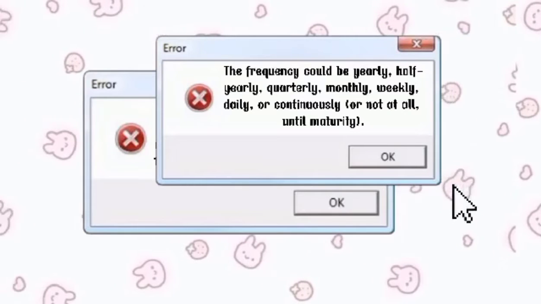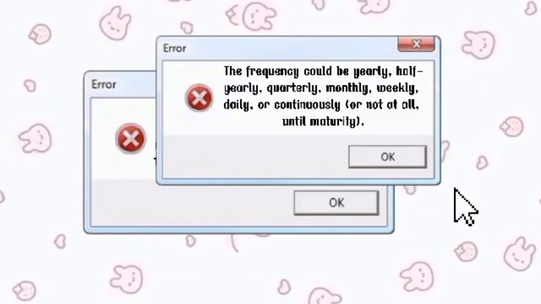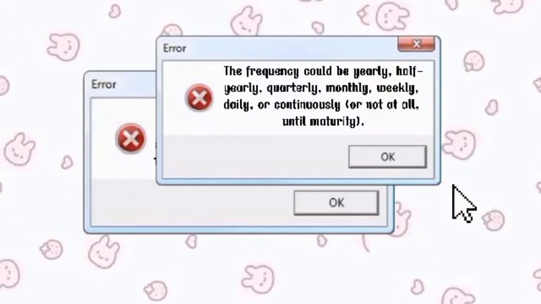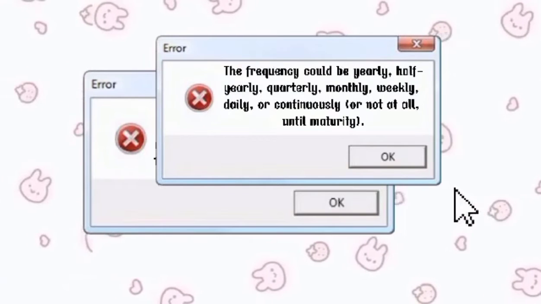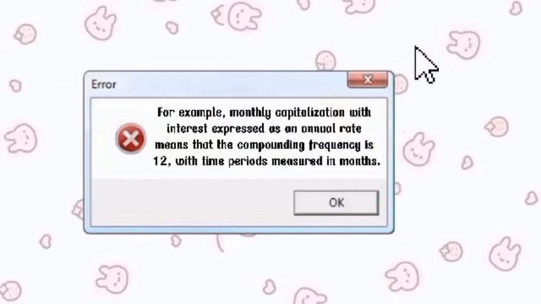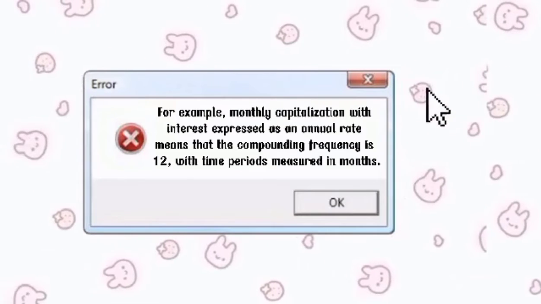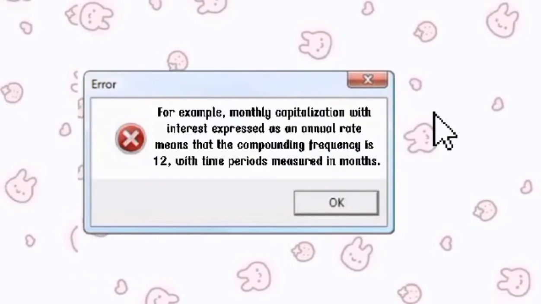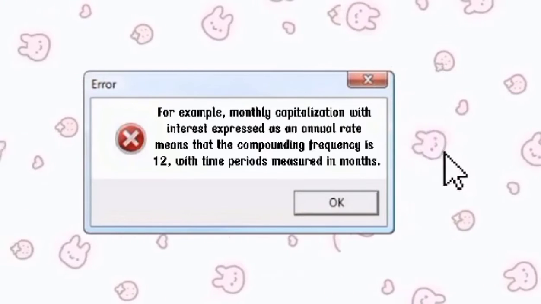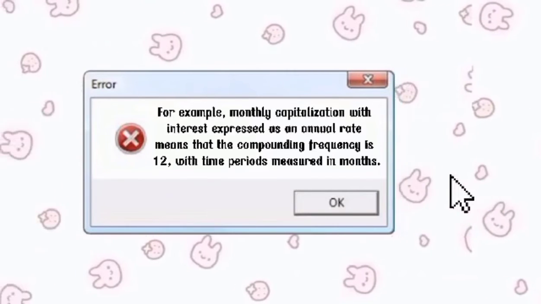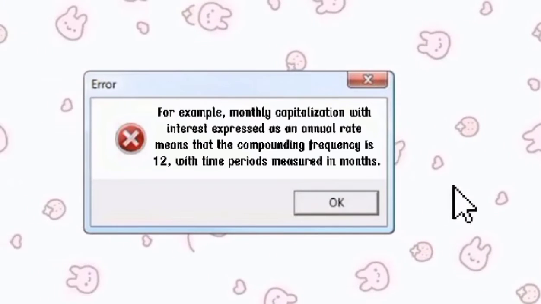The frequency could be yearly, half-yearly, quarterly, monthly, weekly, daily, or continuously, or not at all until maturity. For example, monthly capitalization with interest expressed as an annual rate means that the compounding frequency is 12, with the time periods measured in months.